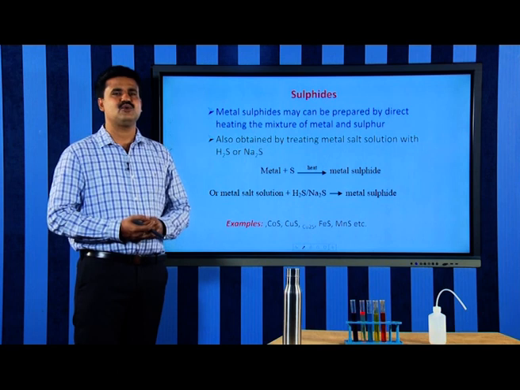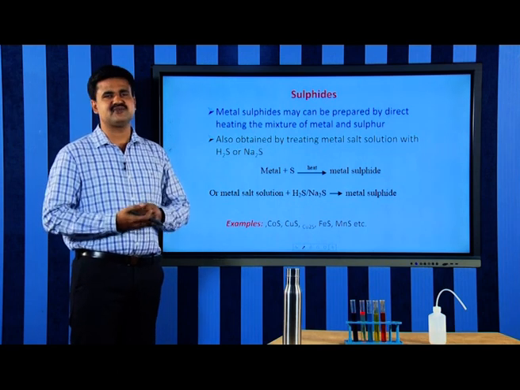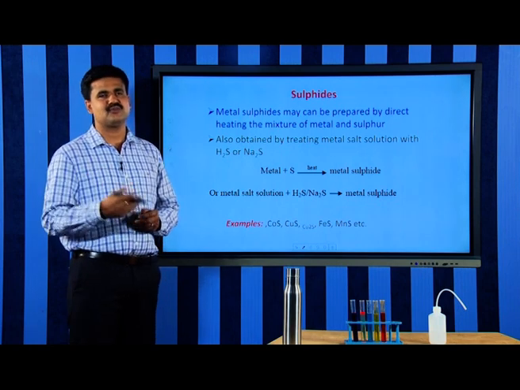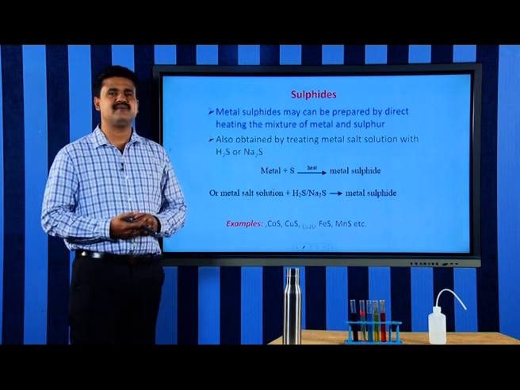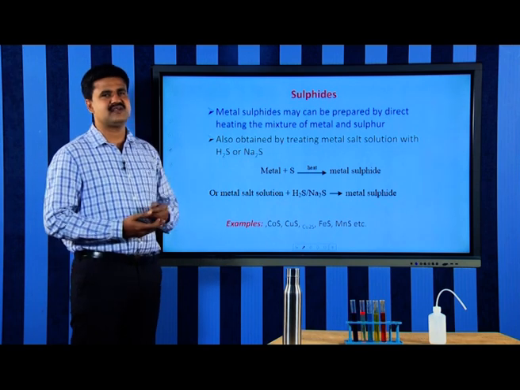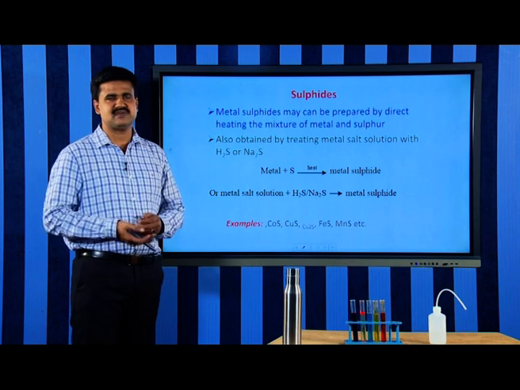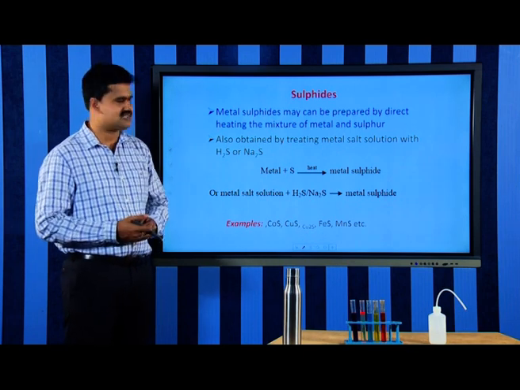Another category of binary compound is sulfide. The combination of sulfur and transition metal produces binary compounds, sulfides. Metal sulfides can be prepared by two methods. First one, the direct combination of transition metal, 3D series metal, with sulfur at elevated temperature.